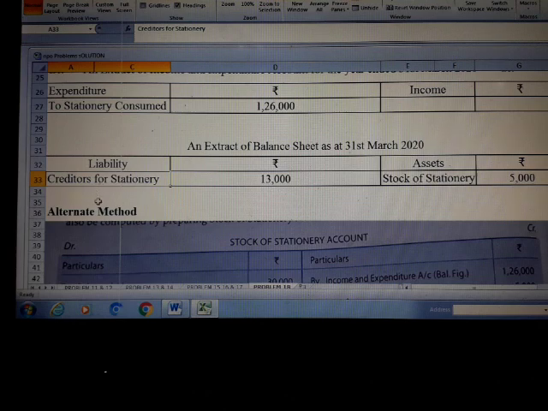Similarly, you have got the closing value of stationery, right? That is nothing but stock of stationery. You have got the current year closing amount of stationery, so the stationery in the closing balance is 5,000.